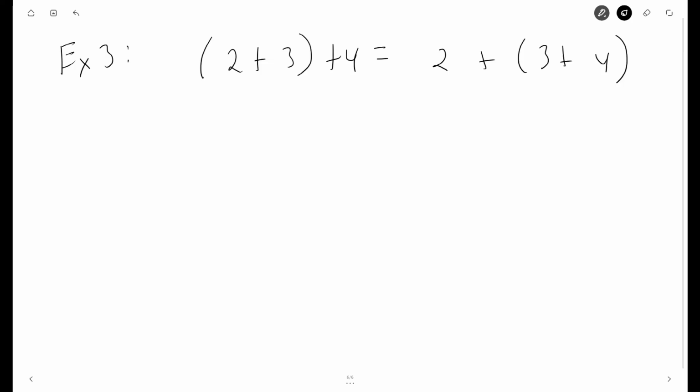But only the placement of the parentheses changes. So let's see what happened. 2 plus 3, that's 5. Then plus 4, that's equal to 9. And here we have 2, then first we do the parentheses. 3 plus 4, that's 7. And then 2 plus 7, that's 9. So 9 is equal to 9. And this is called the associative property of addition.